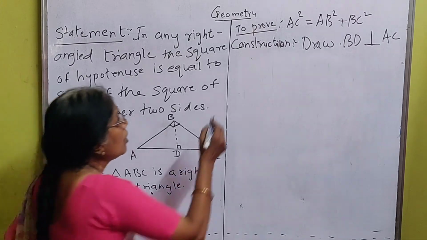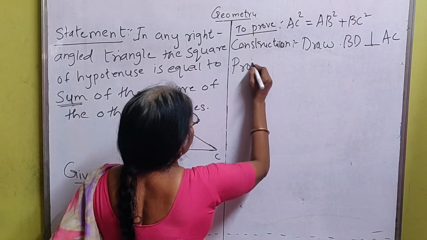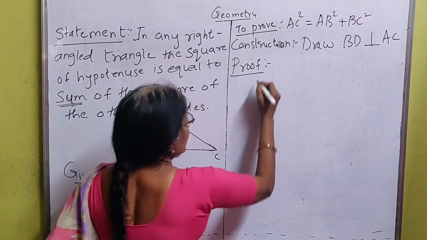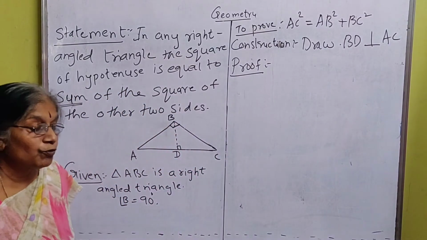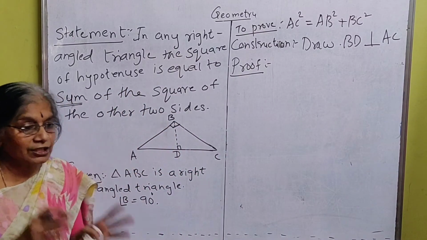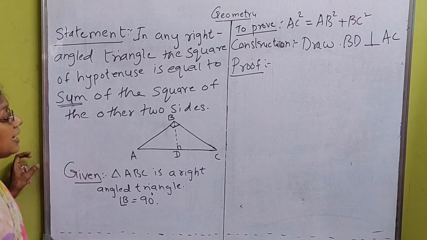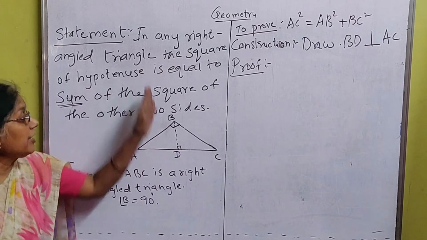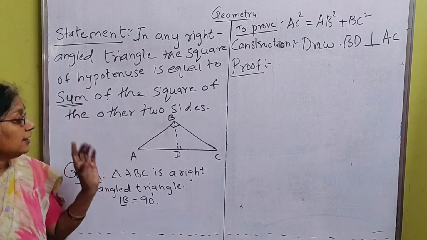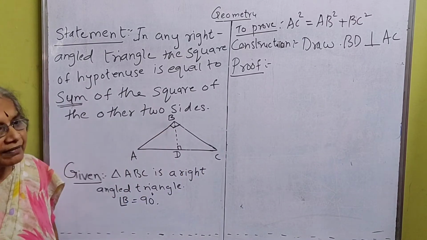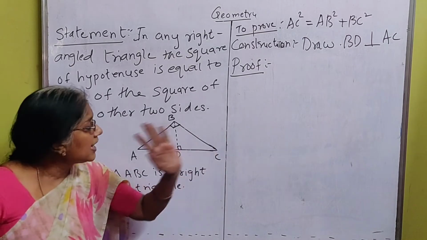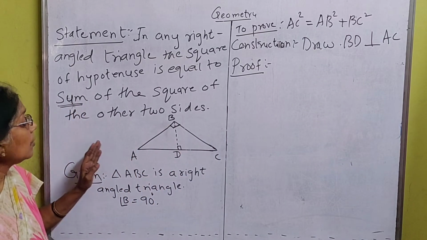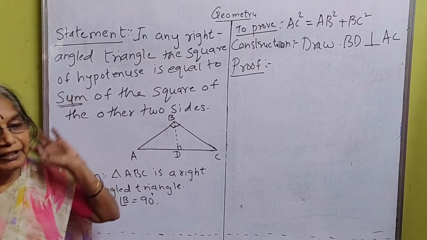Okay. Now we will start with the proof. For the proof we are going to take Bhaskar's proof based on similarity. Now children, can you see that? Here I got three triangles by drawing BD perpendicular to AC. ADB is one triangle, BDC is another triangle, and the original triangle ABC is the bigger triangle.